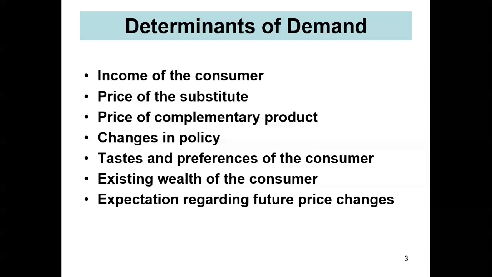When he expects its price to fall in future, he will tend to buy less at the present prevailing price. Similarly, if he expects its price to rise in the future, he will tend to buy more at present. So that is the expectation, and the special influence of friends or relatives also matters when he is going to purchase the product.